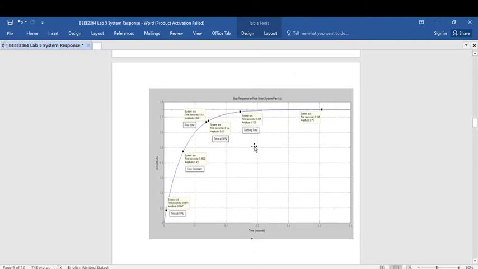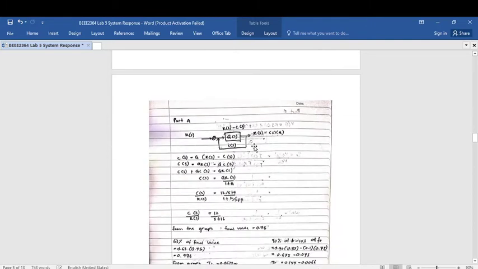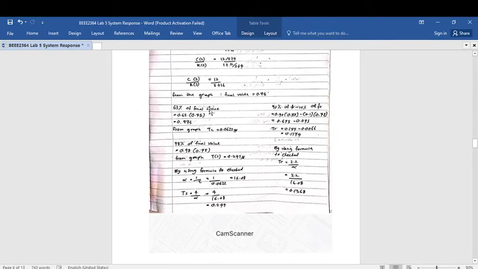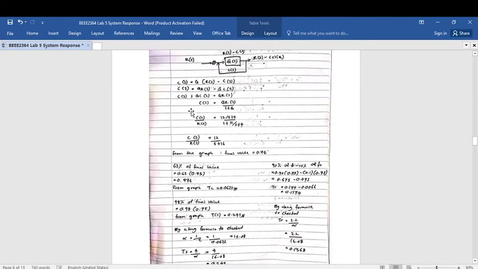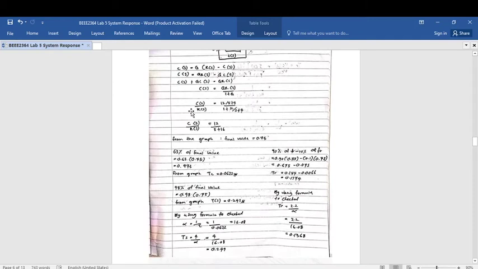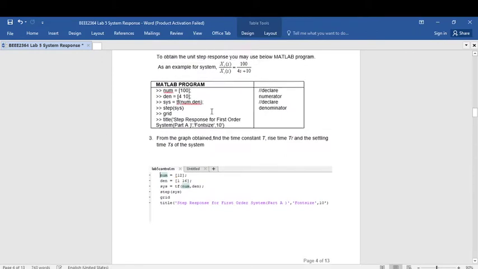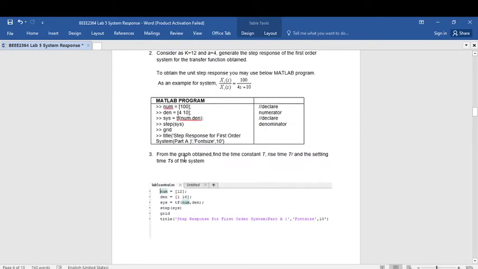After we obtain the final value, we can calculate the other times by using the final value, that is we need to find the time constant t, rise time tr, and the settling time ts of the system.